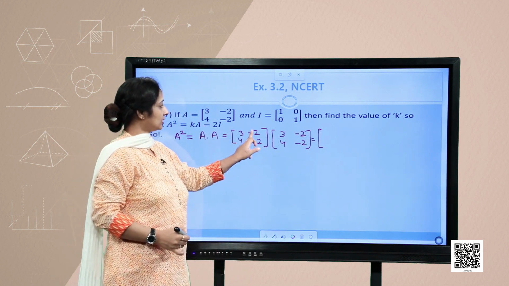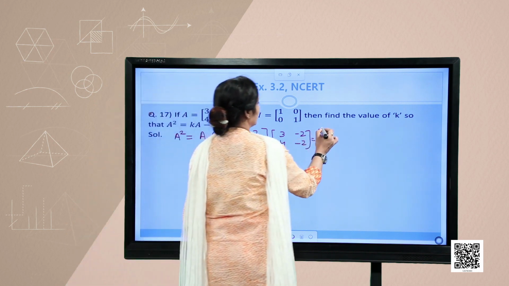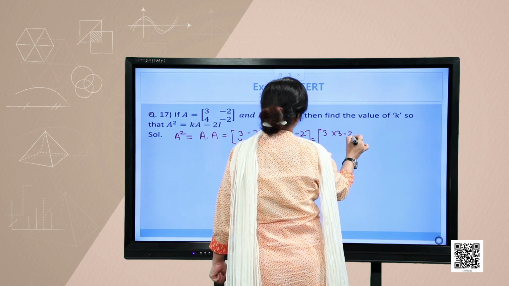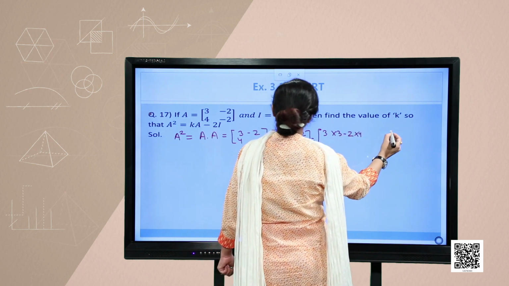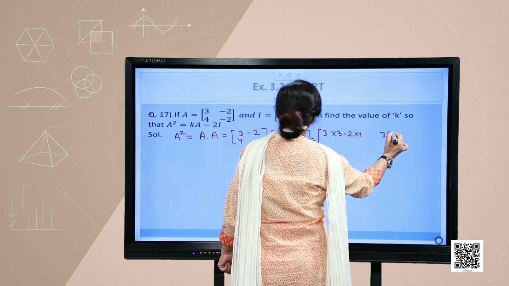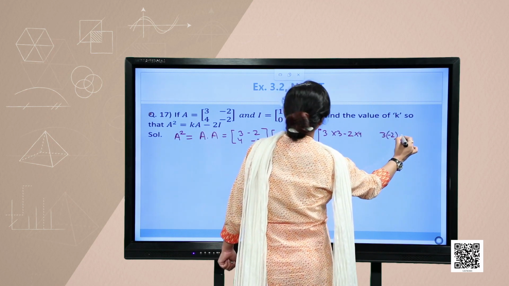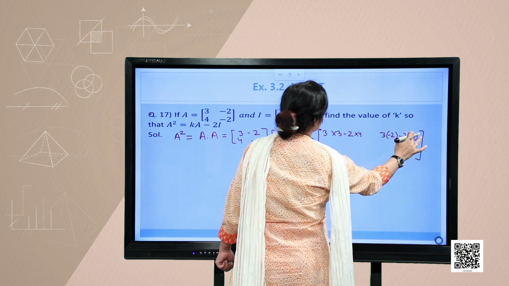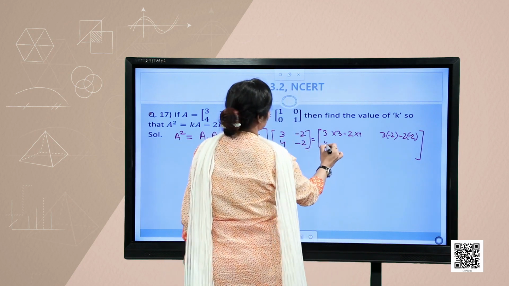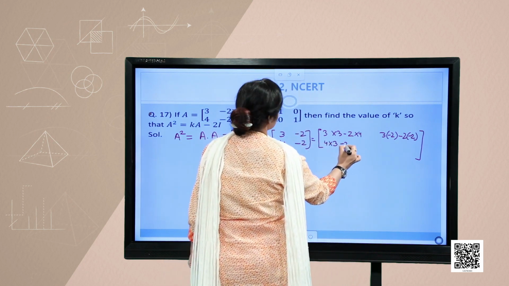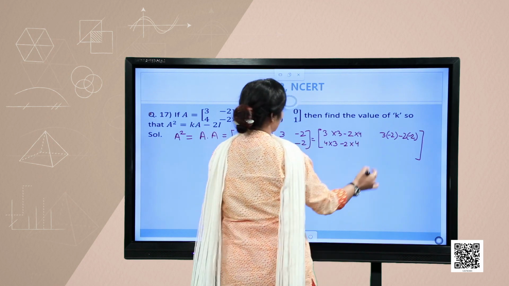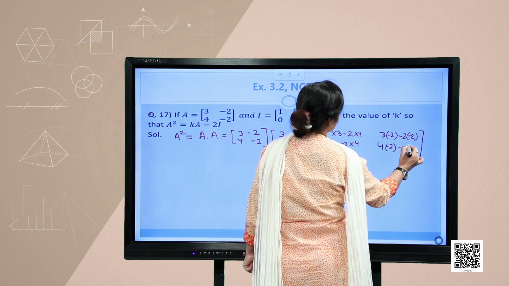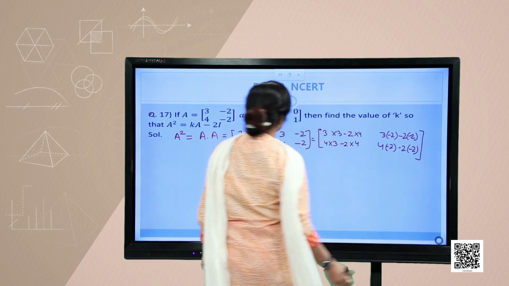So 3 into 3 minus 2 into 4. So this becomes, and the next will become, and then 4 into 3 minus 2 into 4, and the last element will be 4 into minus 2 minus 2 into minus 2.